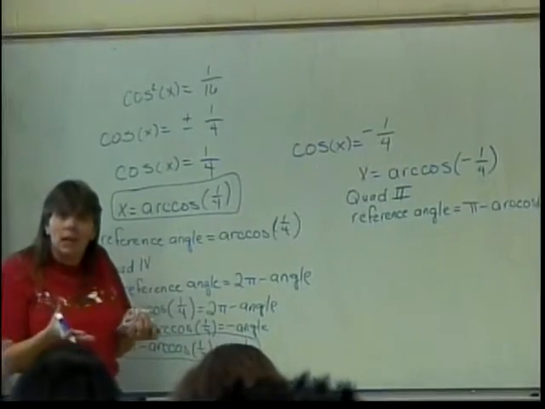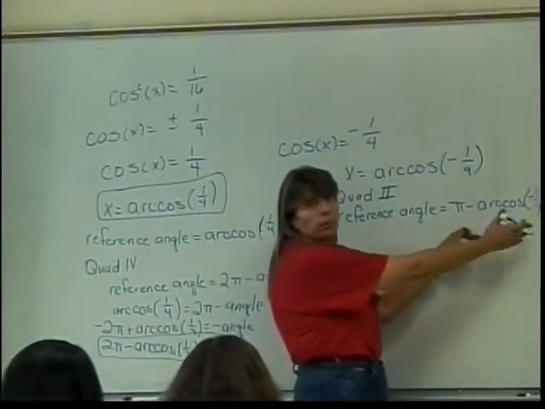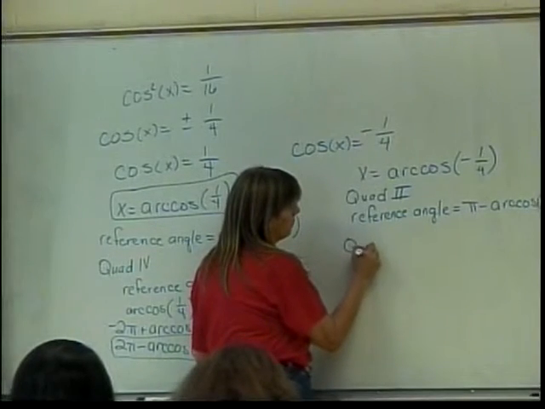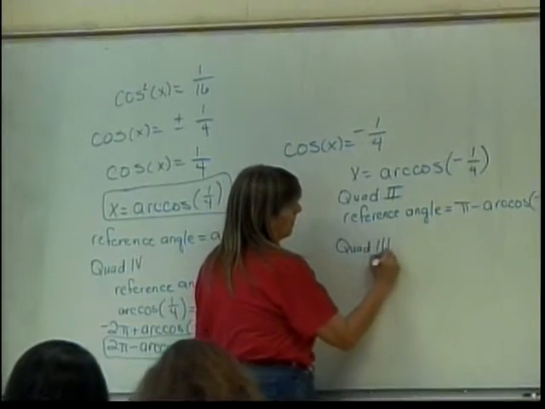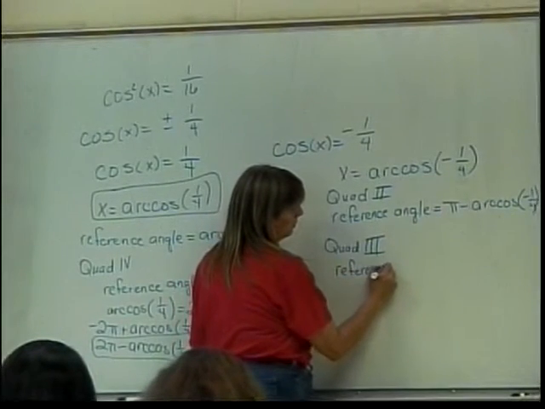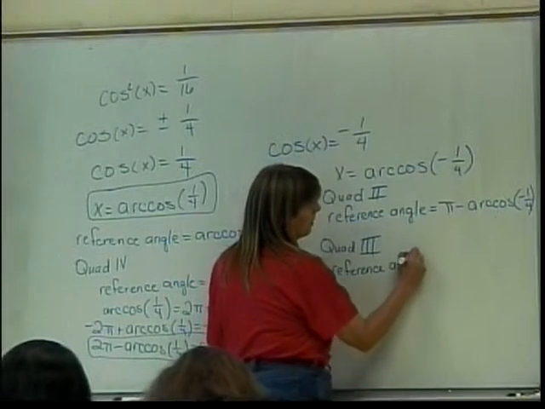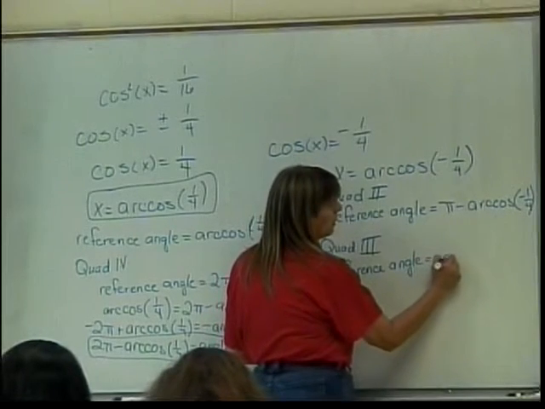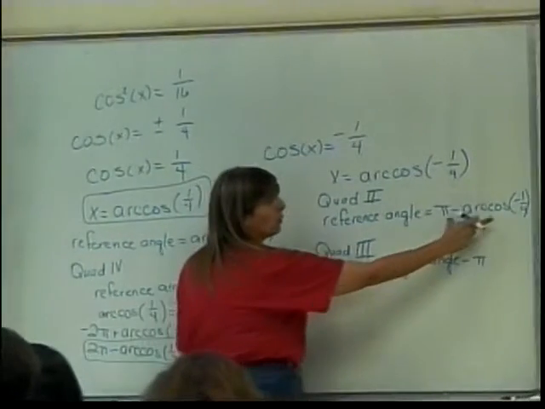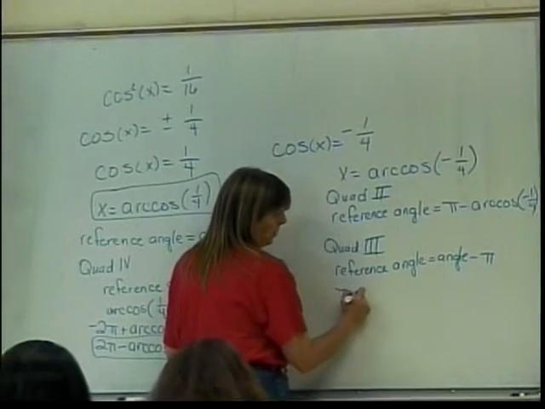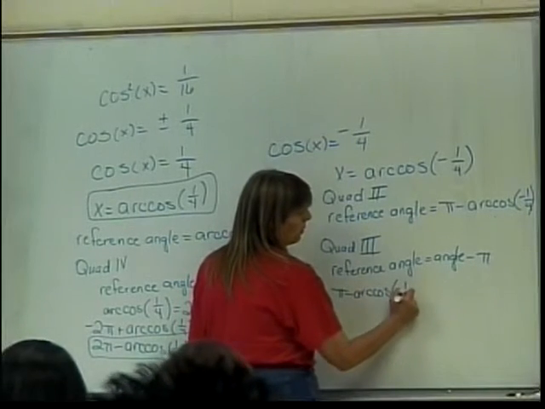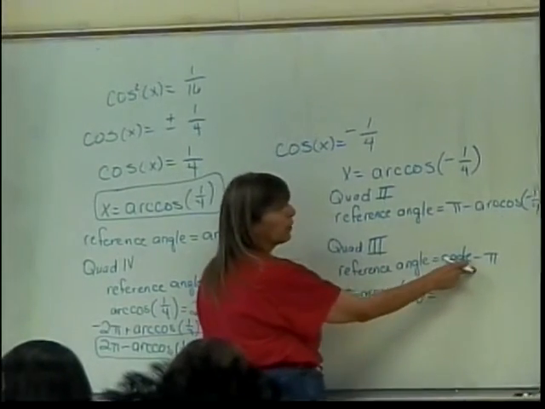Now we want to take that reference angle. I know it's a big messy one, but we want to put it into quadrant 3. What's our rule for quadrant 3 reference angles? Anybody remember? It's the angle minus pi. So our reference angle, pi minus the arc cosine of negative 1/4, is equal to the other angle we're looking for.